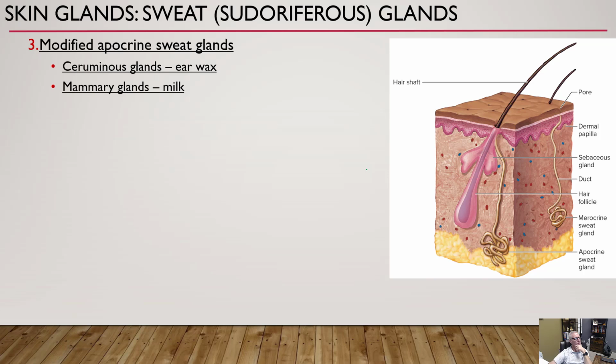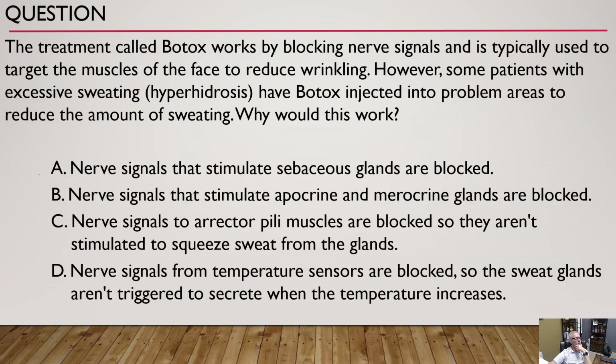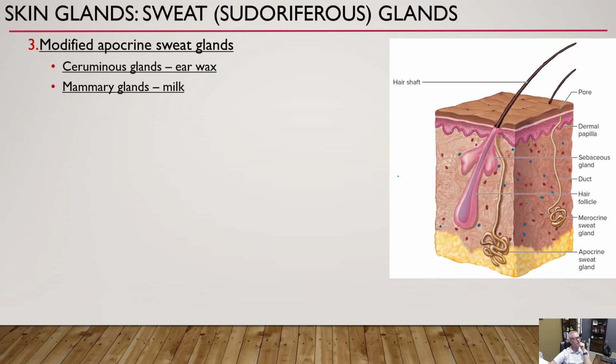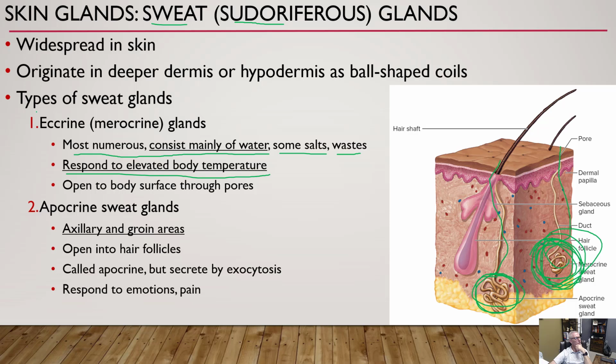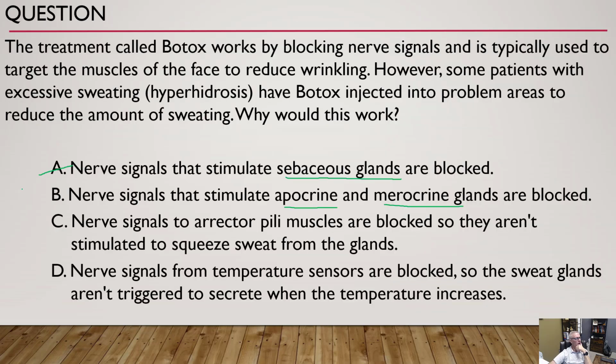So we're going to get rid of that answer. Now, if it talked about sudoriferous glands, then we might have an answer. Nerve signals that stimulate apocrine and merocrine glands are blocked. So apocrine and merocrine glands are types of sweat glands. So that might be a viable answer.